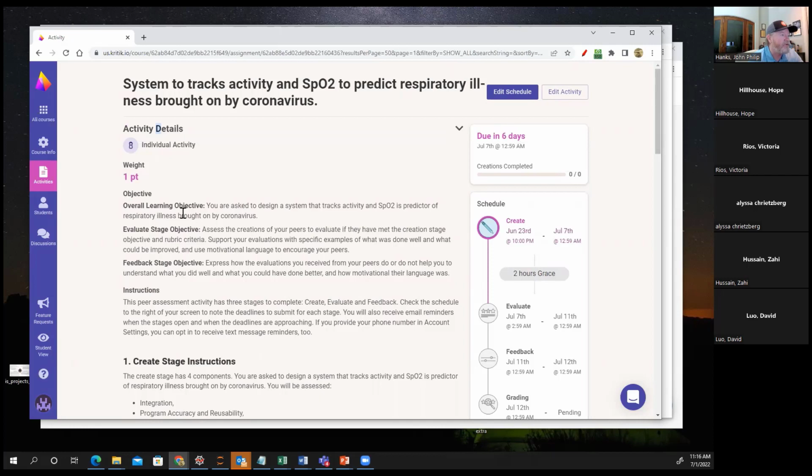Your grading will be compared to my grading, and also to somebody else's grading compared to my grade, how close they were. So there's different levels of this.